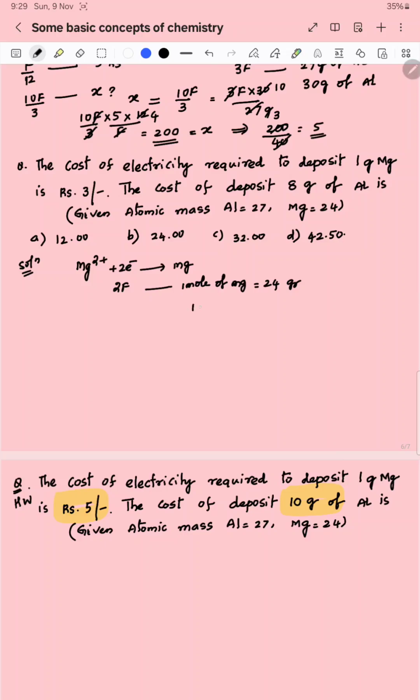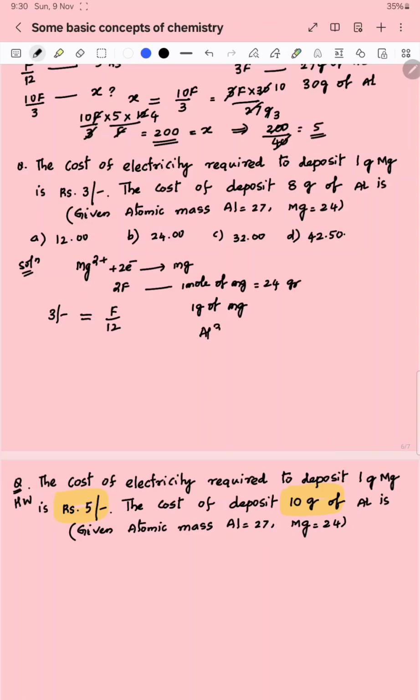Now the question is, if 1 gram of Mg needs how many Faradays? Already we discussed, student. So F by 12 Faraday is required for 1 gram of Mg, right? Now this cost is given, student, rupees 3. Now come to the question.